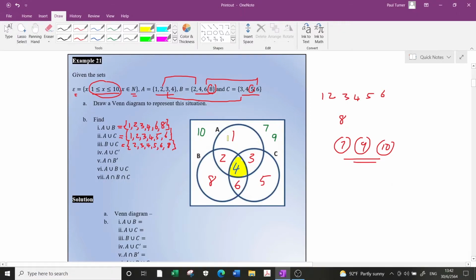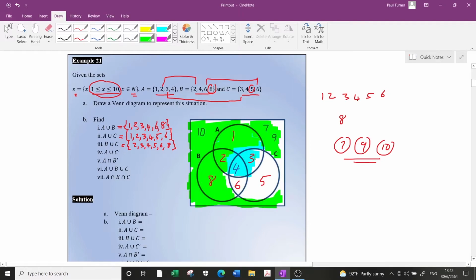So this is A union not C. Let's do this bit by shading. So A, let's clear that out. So A is here. A union with not C. So everything that is not C, union. So not C, color around. Like that.